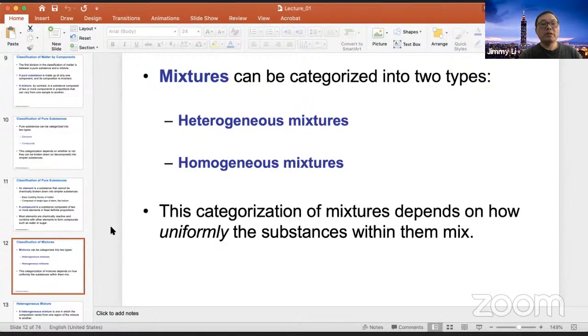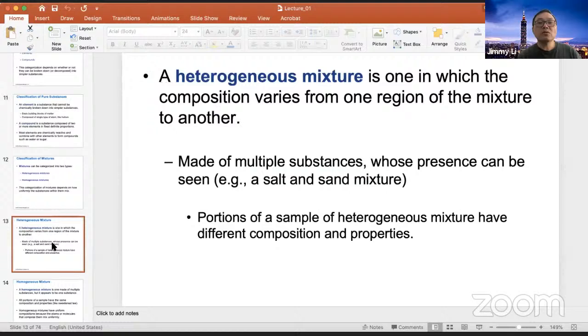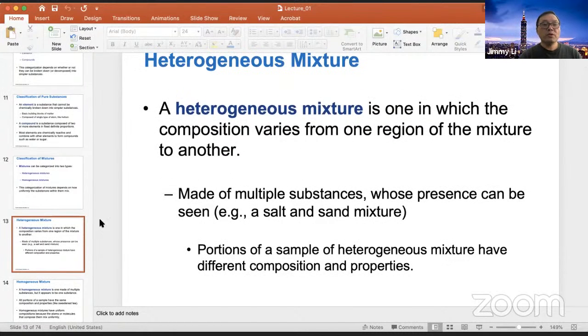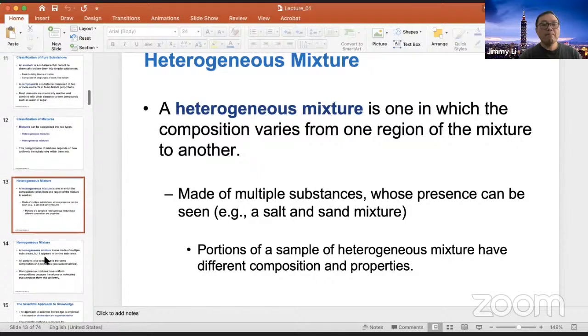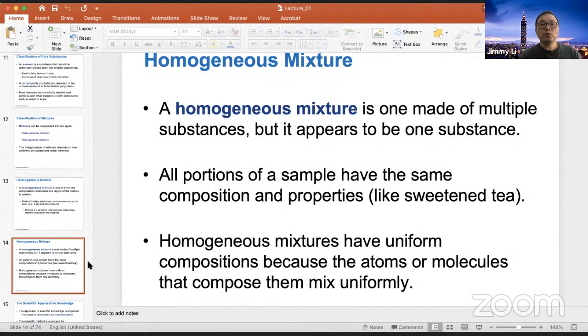Mixtures here, again, definition of mixture, heterogeneous and homogeneous. It all depends on their appearances. They have a definition of heterogeneous, and quickly, a definition of homogeneous.